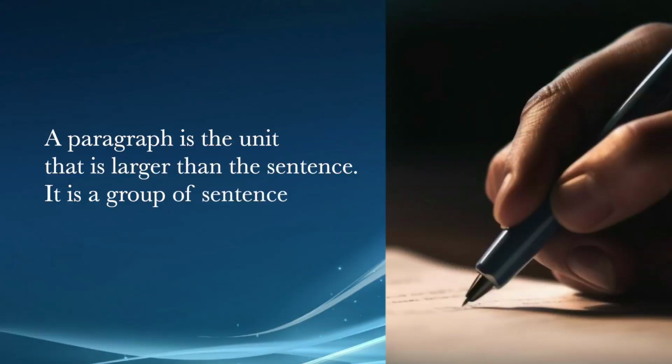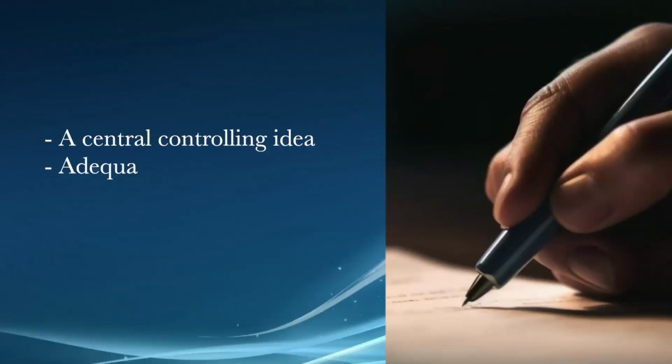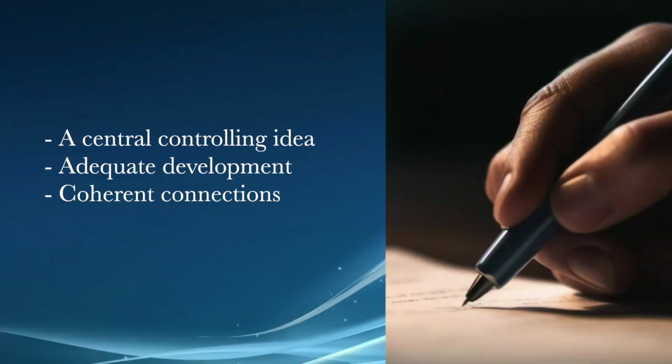A paragraph is a unit that is larger than the sentence. It is a group of sentences united by a central idea. A well-structured paragraph has three qualities: a central controlling idea, adequate development, and coherent connections.